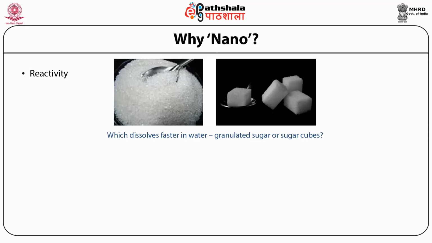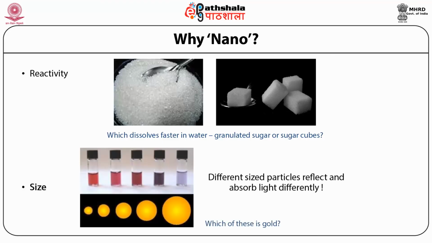Next is about the size. As you can see, there are different sizes of gold nanoparticles. Gold demonstrates very different properties, that is optical, electrical, mechanical, etc. at nanoscale. So, differently sized particles reflect and absorb light differently.